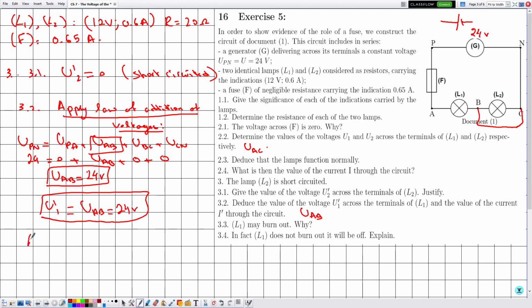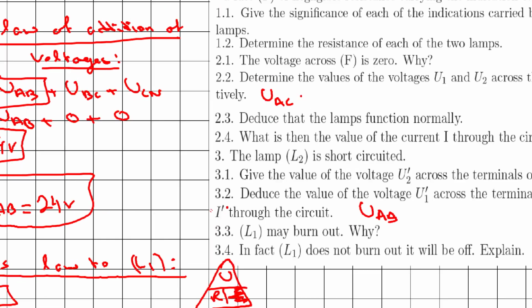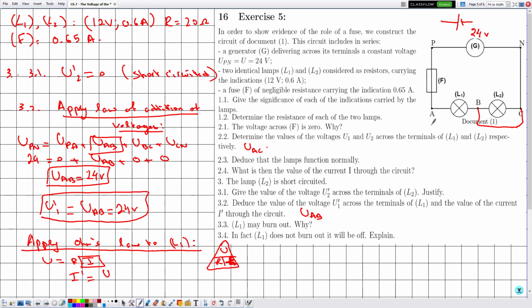So apply Ohm's law to L1, which is given by U is equal to R multiplied by I, and we are interested in determining the value of I. Putting our hand over I, then I prime, so the current is denoted by I prime, is equal to U1 prime divided by the value of R1, which is equal to 24 divided by 20.